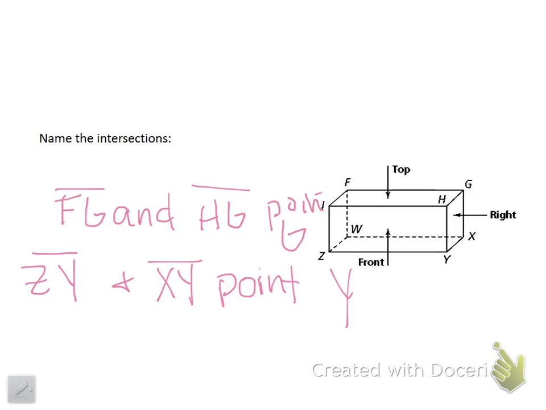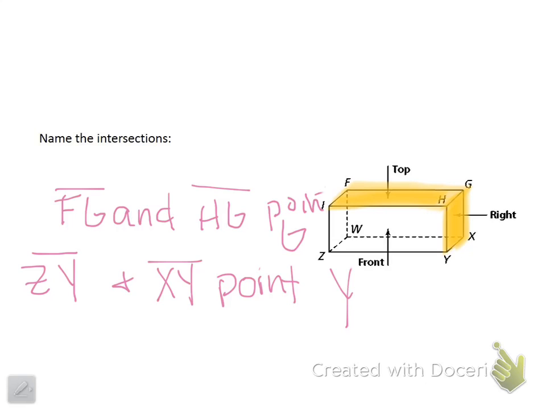If I want to do a plane, let's say we do FGH. I'm going to highlight it. So this plane. And they have to run into another plane, so we're going to do HGX. This plane right here.